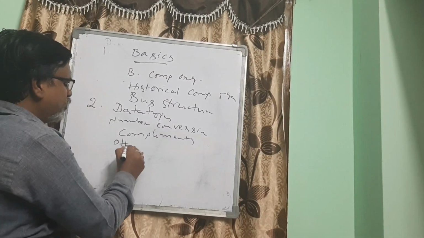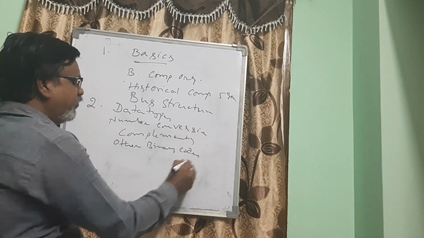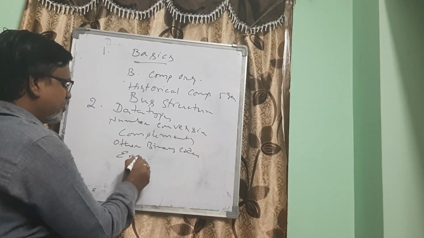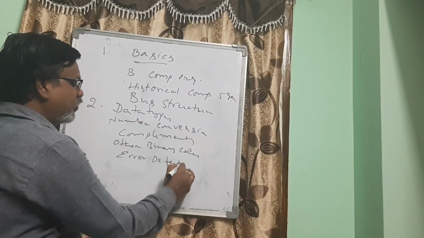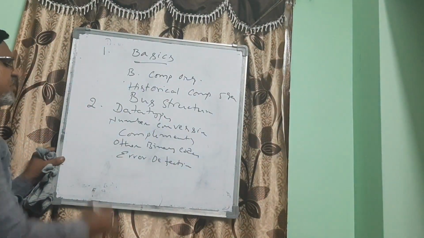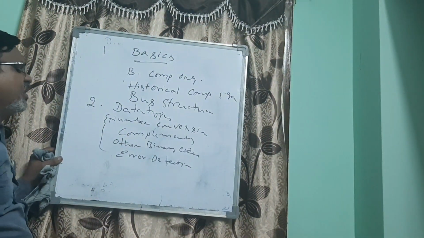Other binary codes and error detection codes we have also discussed. In total, 6 parts in data types.